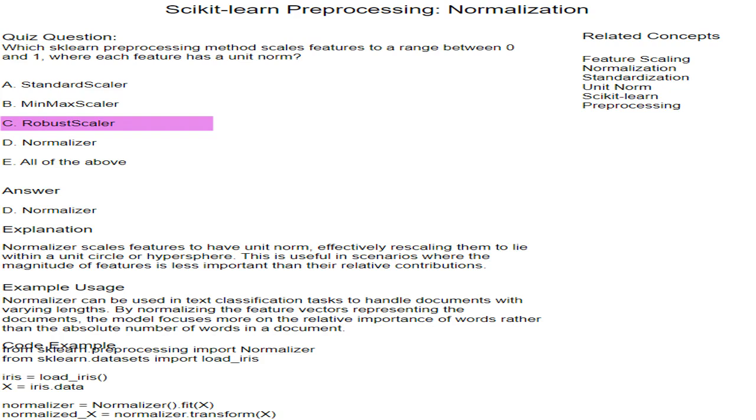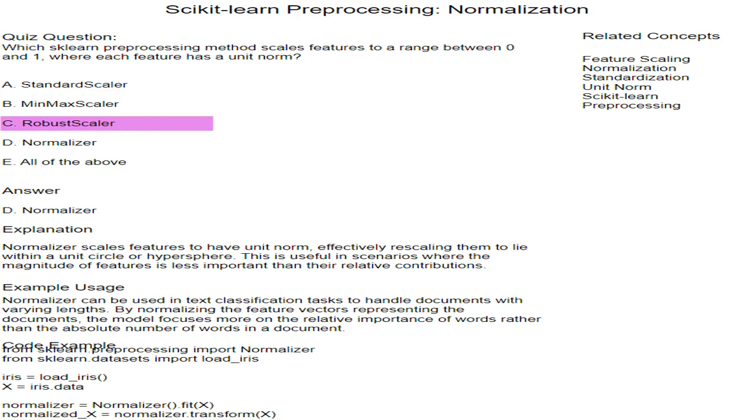C, RobustScaler. RobustScaler scales features using a robust method, making it less sensitive to outliers. It doesn't scale features to a range between 0 and 1, and it doesn't ensure unit norm.